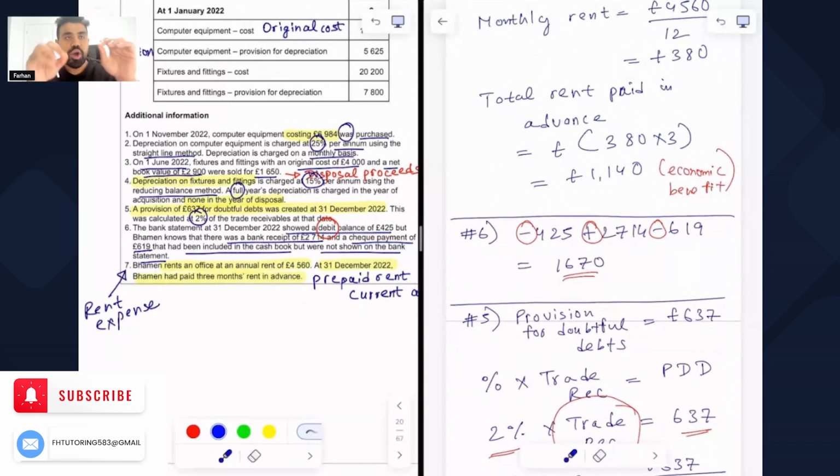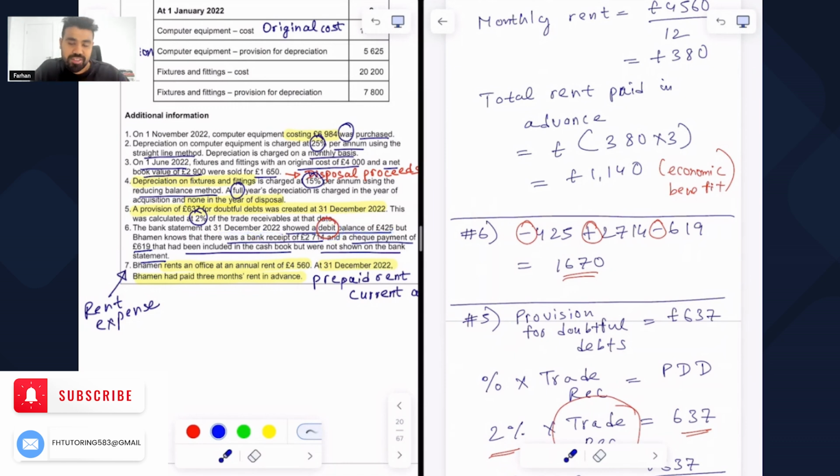Now, the question explicitly mentions that bank statement at 31 December 2022 showed a debit balance of £425. Now, as we have just discussed, bank statement is issued by the bank, and from the perspective of the bank, a debit balance of £425 would mean that you, as the business owner, are an asset to the bank.